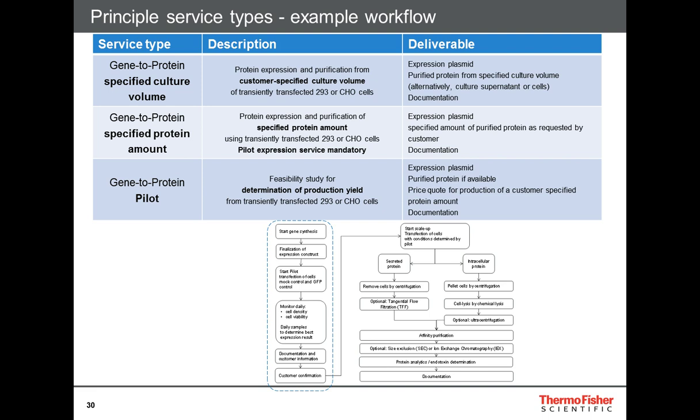But then you also need to specify your expectations, so the yield that you need. This can be a specified culture volume. You may say, okay, please deliver whatever you get from 1 liter culture. And you can, of course, also specify which cells you prefer, whether it's 293 or CHO cells or insect cells.